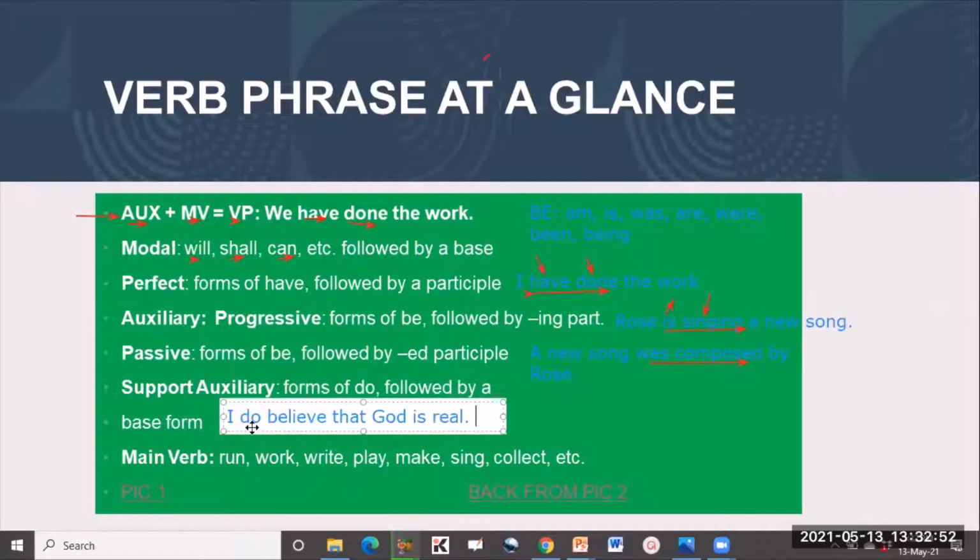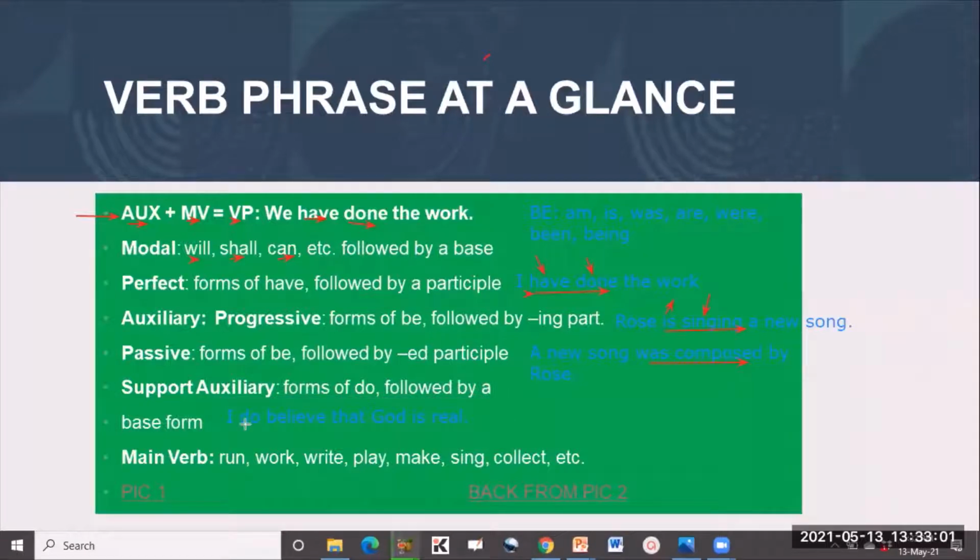So here again, you find that I am using the support auxiliary in a different way. I do believe. I do believe. And if we reconstruct this in form of a question, then we can say, do you believe? Do you believe that God is real?